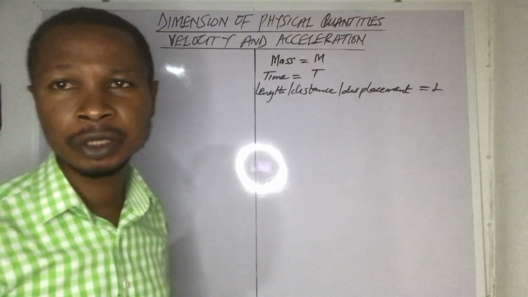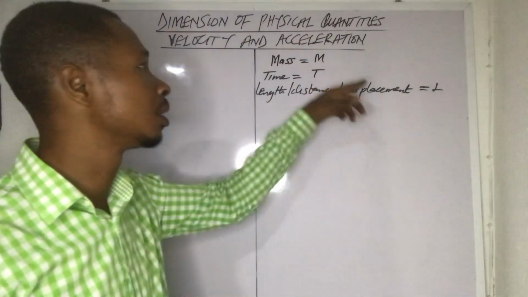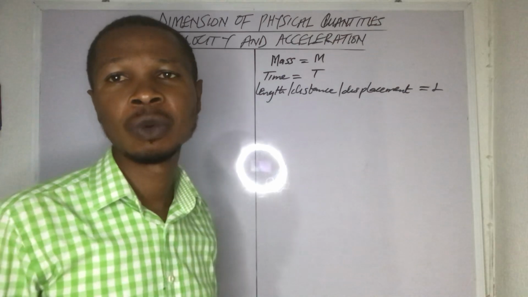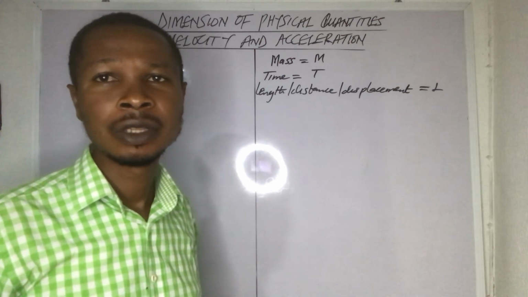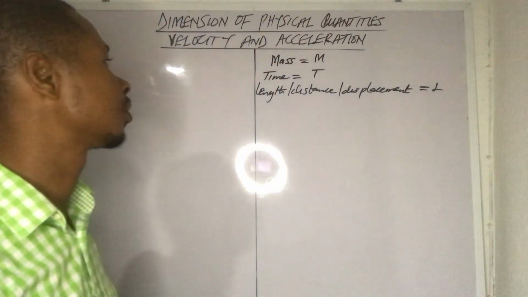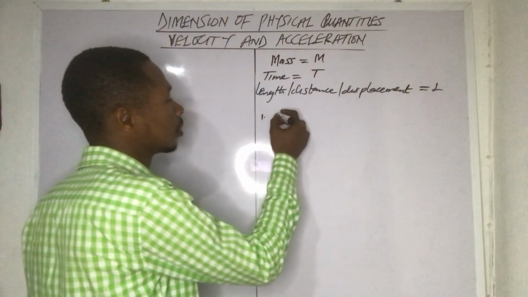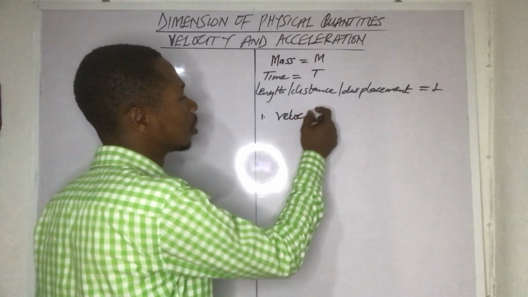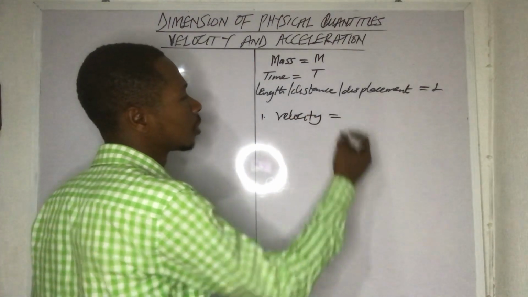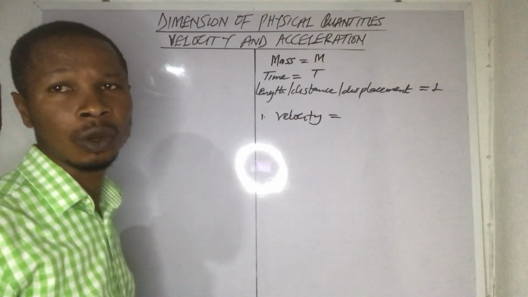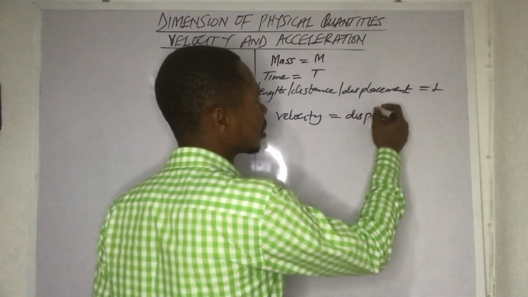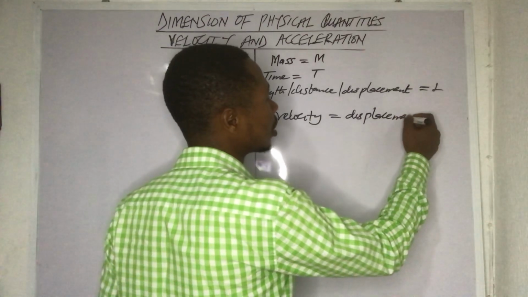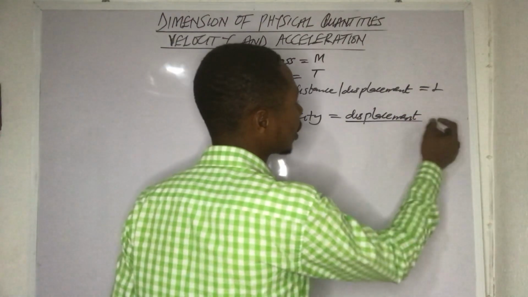Oftentimes, in all dimension questions, 1, 2, or 3 of these three basic fundamental quantities may be involved. Take for example, let's look at velocity. Recall that velocity is given by displacement over time.